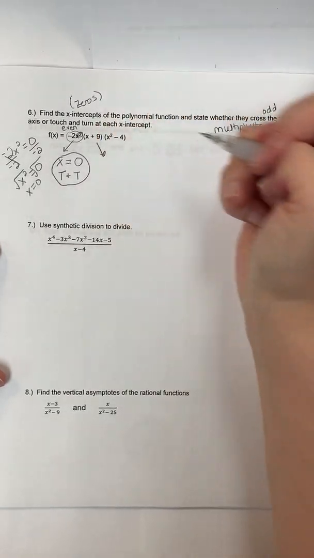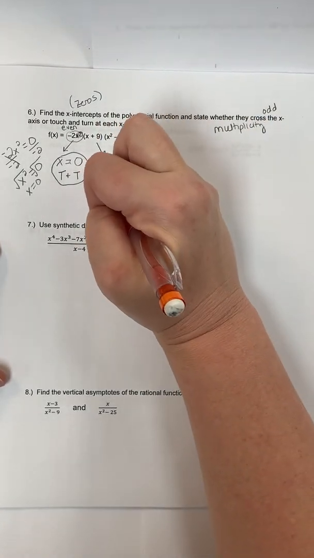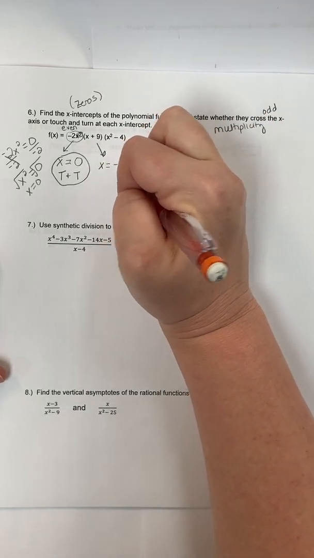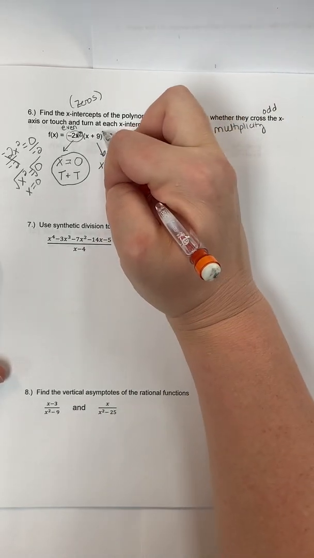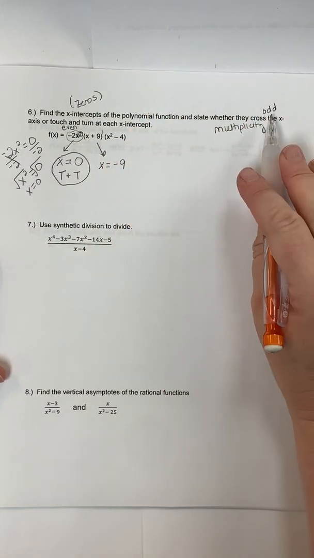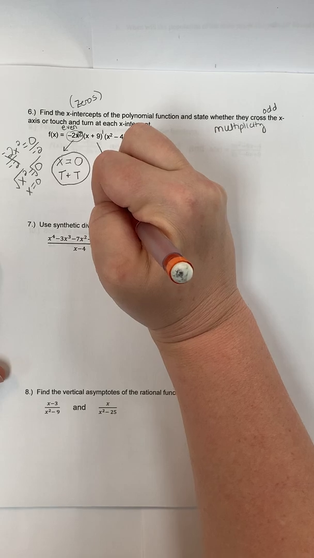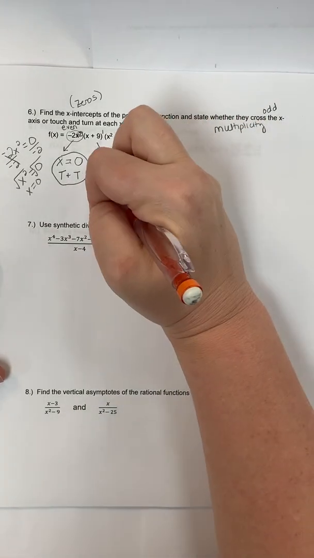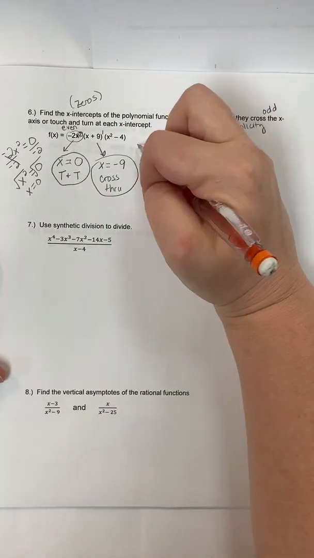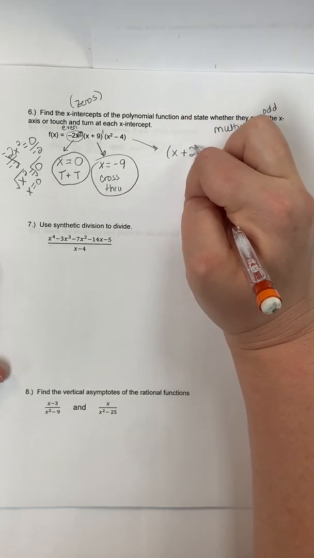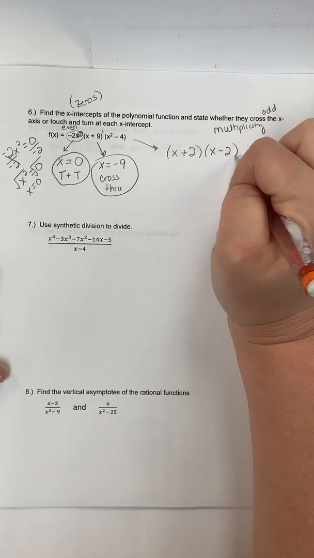Okay, next factor. X plus 9. If I solve that, I get x equals -9. He's got a 1 here. That's an odd multiplicity. That's going to be a cross through. Okay, and then this guy over here is secretly a difference of squares.